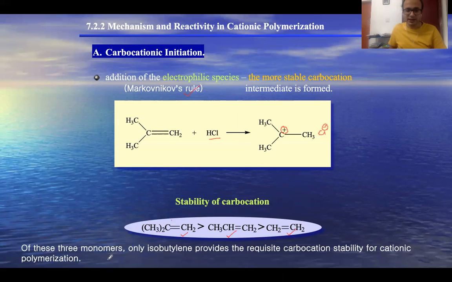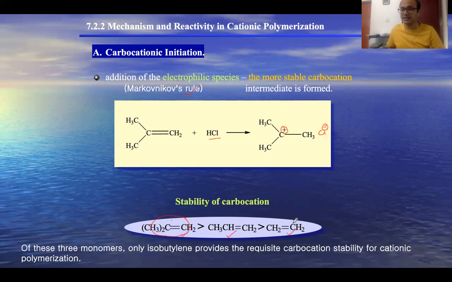Now here I have written a statement that says that of these three monomers, only isobutylene provides the requisite carbocation stability for the cationic polymerization. So only this particular monomer is sufficiently stable to participate in cationic polymerization.